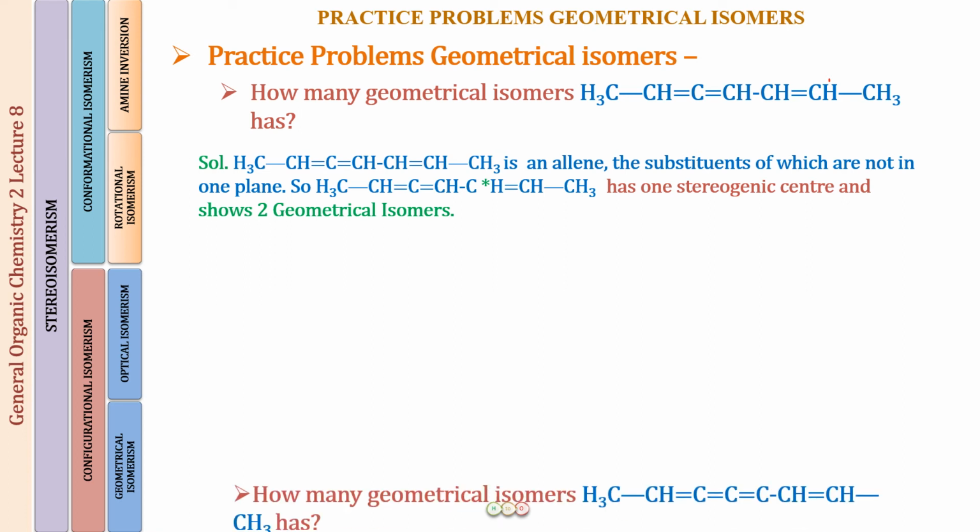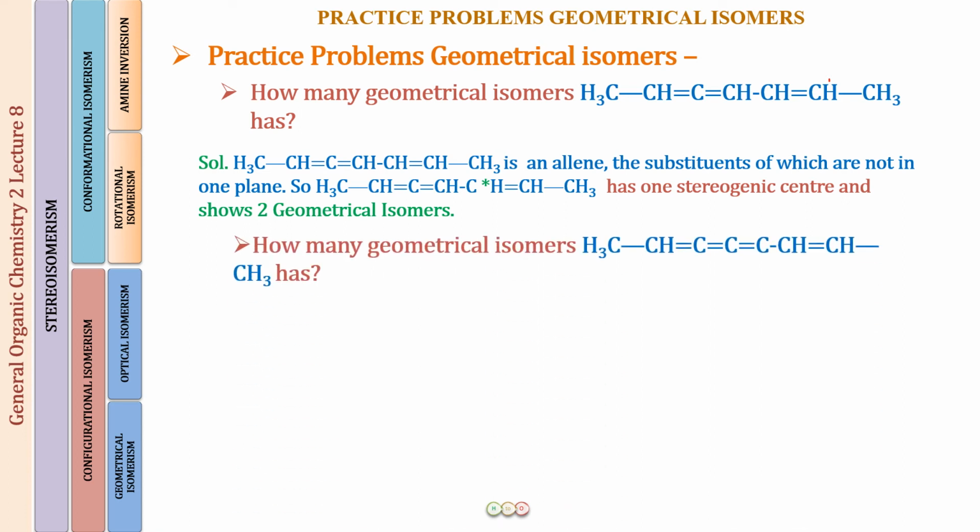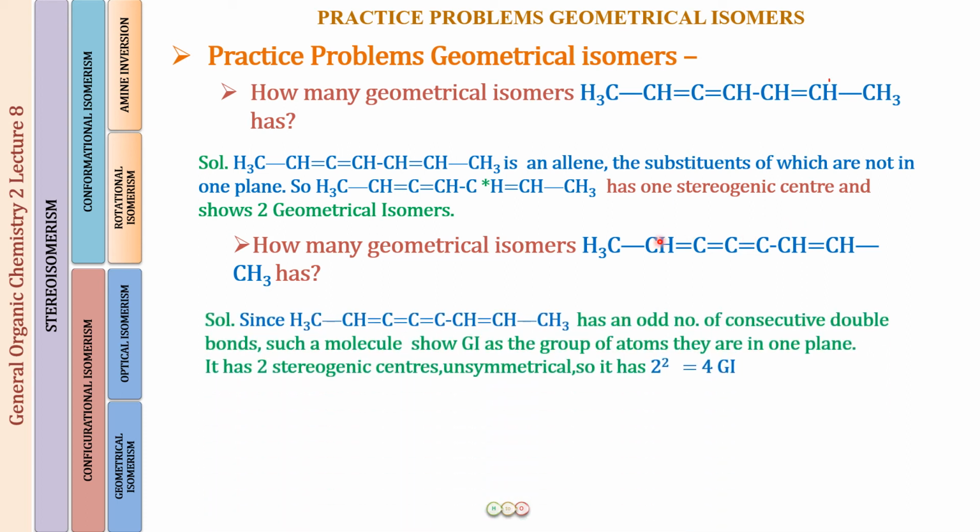Right, now let us see the next question. So in the next question we again have a structure where you can see that we have 3 consecutive double bonds and then we have one more double bond. All right, so here what is going to happen? Well, this has an odd number of consecutive double bonds. These are 3. Okay, and when it has an odd number of consecutive bonds, the molecule is going to show GI, as the group of atoms now will be in one plane.